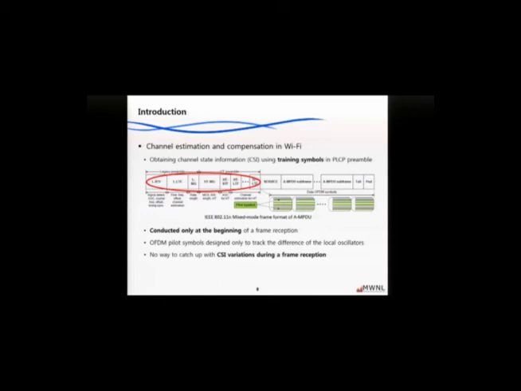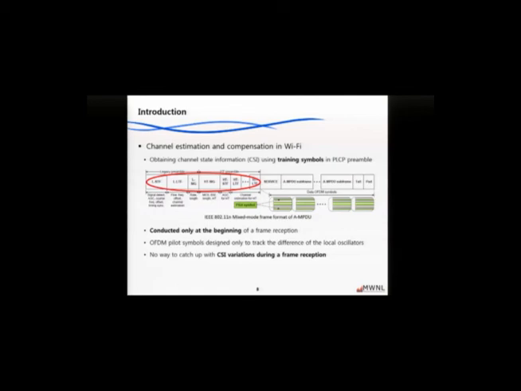It's basically a set of known symbols which can be used by the receiver to detect the incoming frame and then synchronize with it so that the rest of the frame can be received. By receiving this preamble part, which includes training symbols, the receiver can learn channel state information, right?